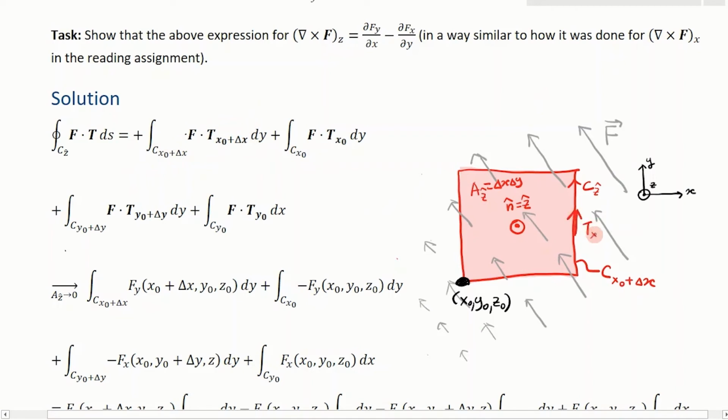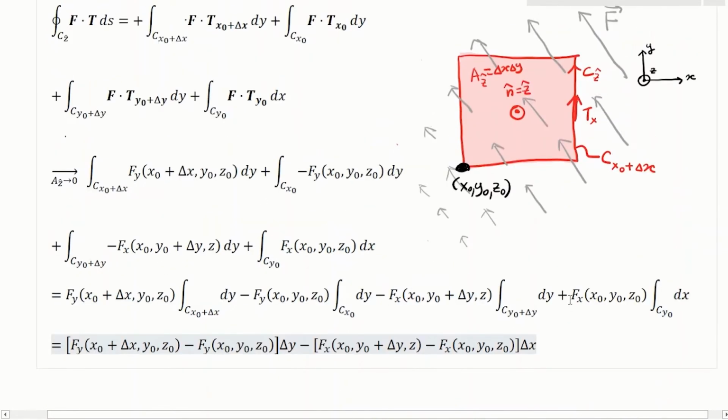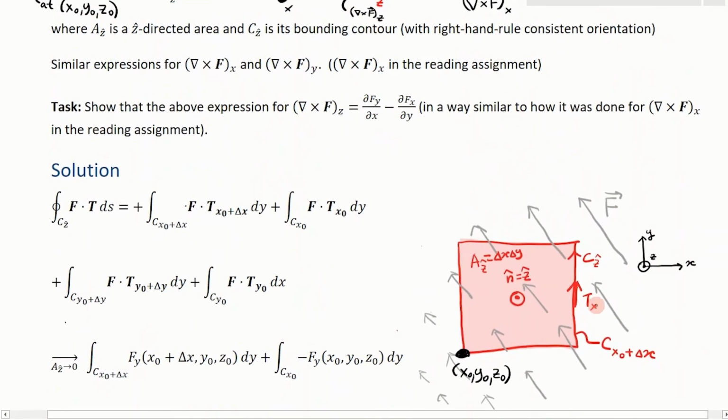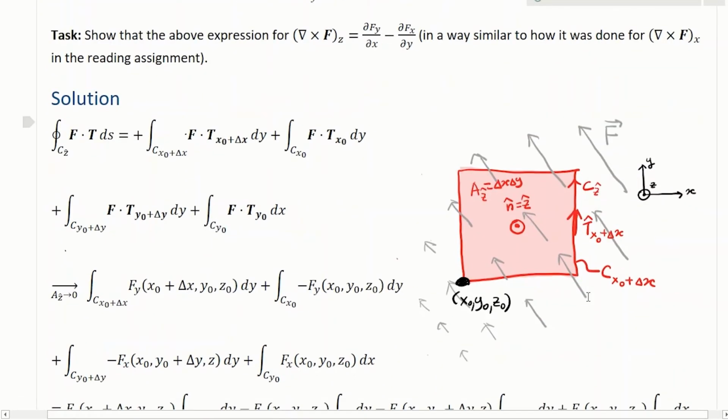It's t hat x naught plus delta x. I will put a hat here because I can't boldface it, and hat usually denotes unit vectors, so it makes sense.